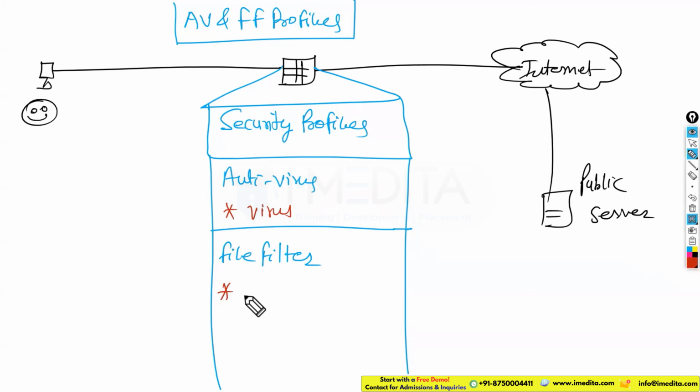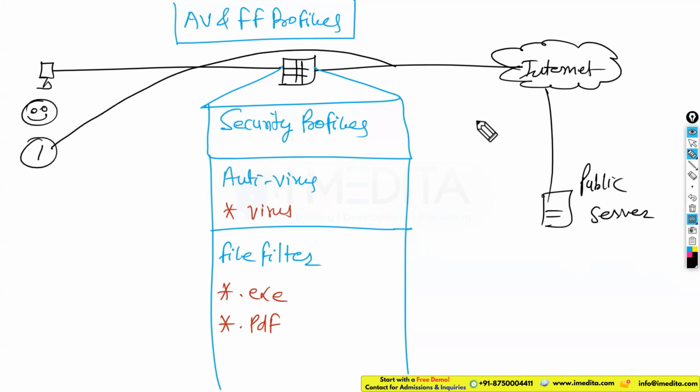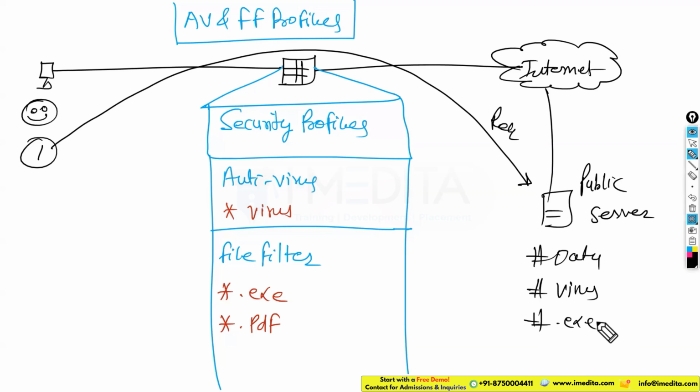File filter will block, for example, exe and PDF files. Now, first step, the client will send a request to the public server. The public server has data. Data can have a virus, exe or PDF file.